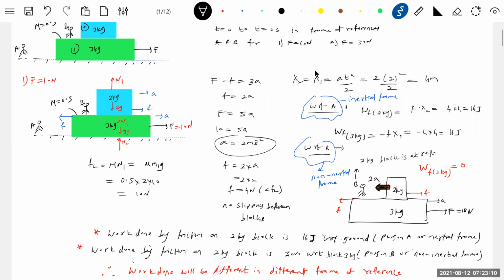Okay, this is a pseudo force. 2A is a pseudo force. Okay, now 30 Newton. Those are completed. Go for 30 Newton.